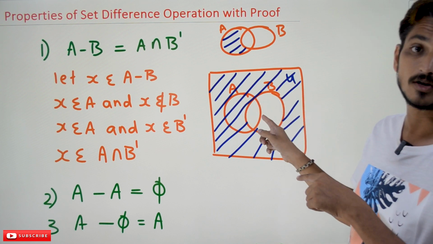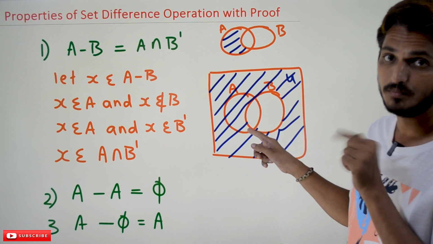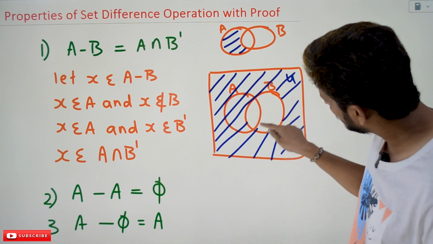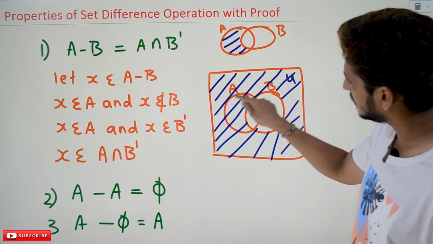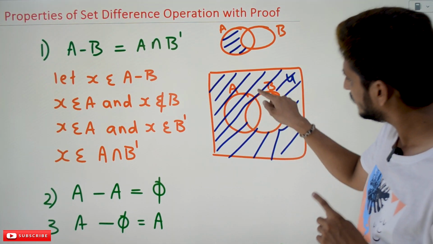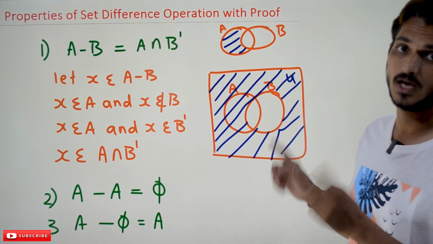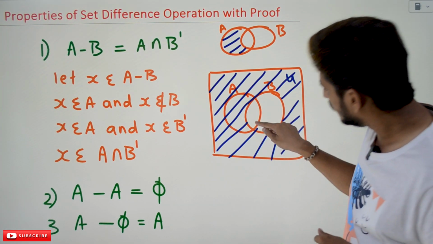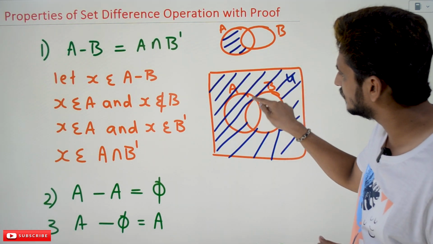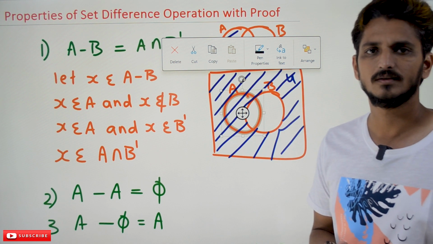The common elements are not there in A. So for A intersection B complement, this is the entire A. What is B complement? In B complement we don't have the common elements of B and A. So A intersection B complement is only this part of A. That is what A intersection B complement means, which is A minus B.